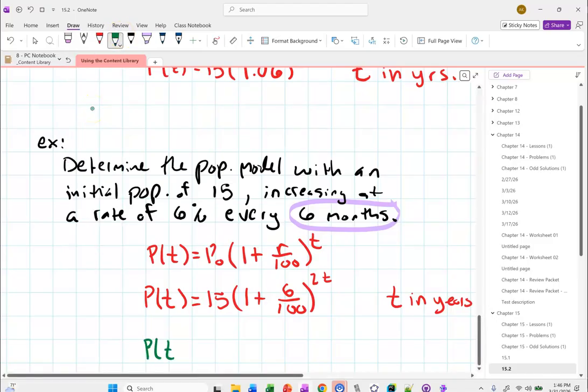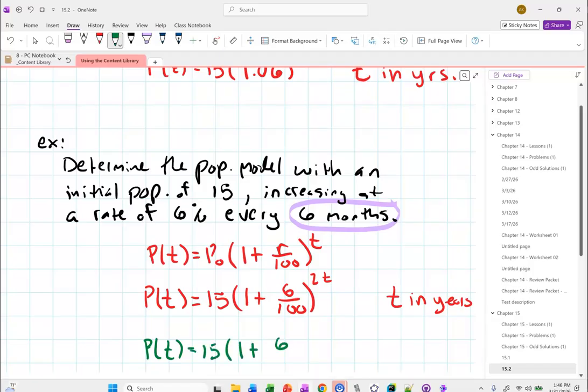What if instead we wanted to write this where t is in months? So how much of the 6% happens in 1 month? 1/6.